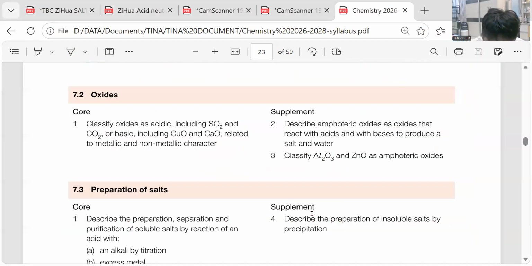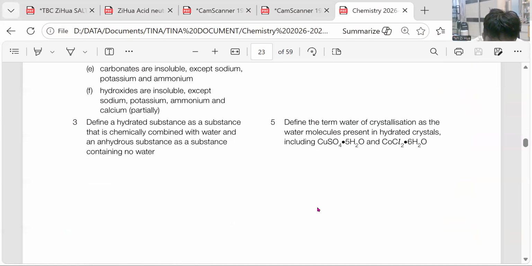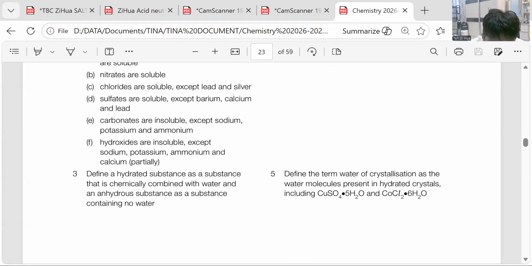So if you look at this, we have done preparation of salt. Okay. Now, remember, not just now, last week I told you about crystallization.